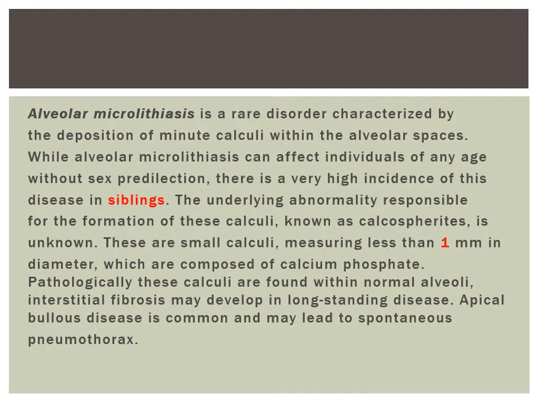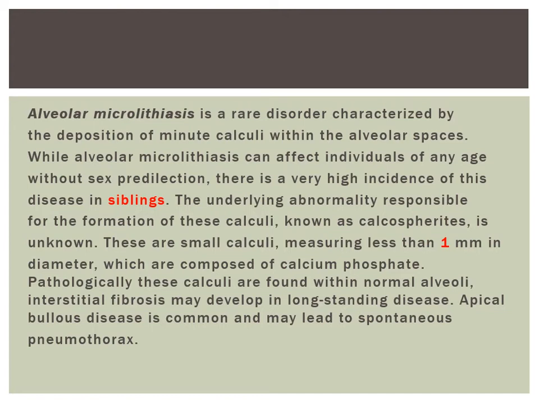Alveolar microlithiasis is a rare disorder characterized by deposition of minute calculi within the alveolar space. While it can affect individuals of any age without sex predilection, there is a very high incidence in siblings. The underlying abnormality responsible for the formation of calculi, known as calcospheroids, is unknown.